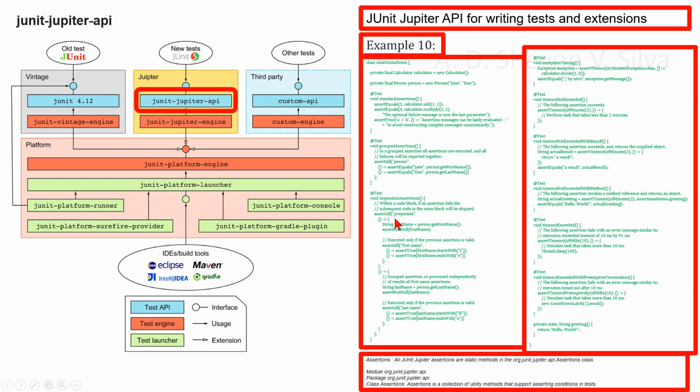Within a code block, if an assertion fails, subsequent code in the same block will be skipped. Execute only if the previous assertion is valid.